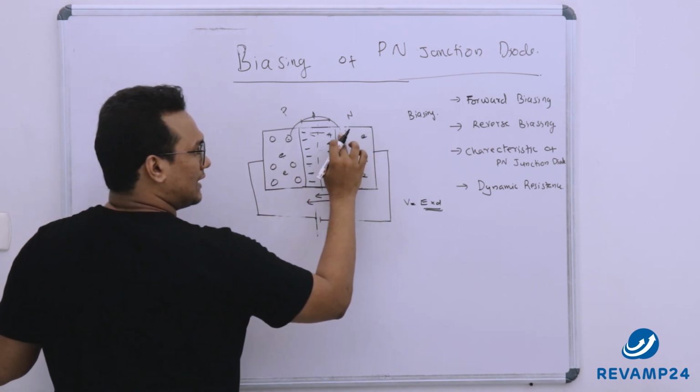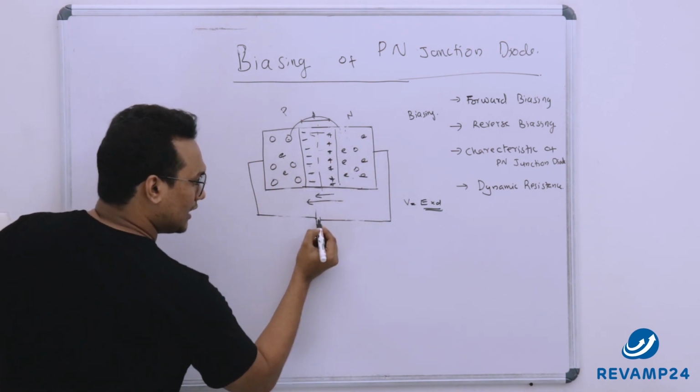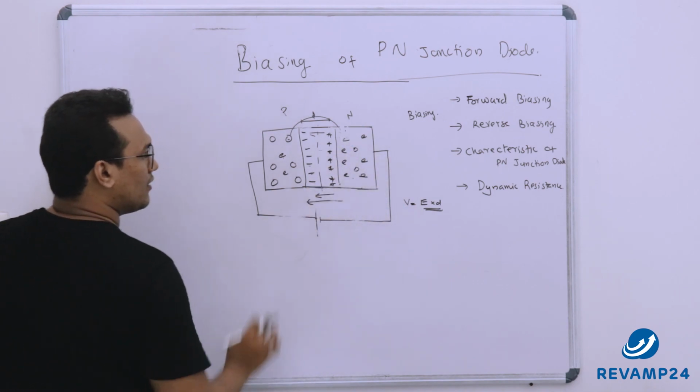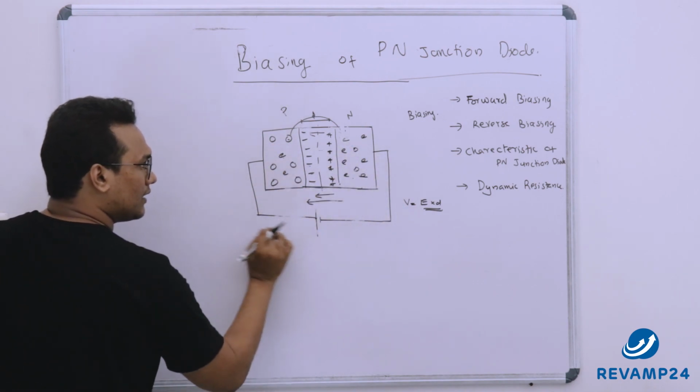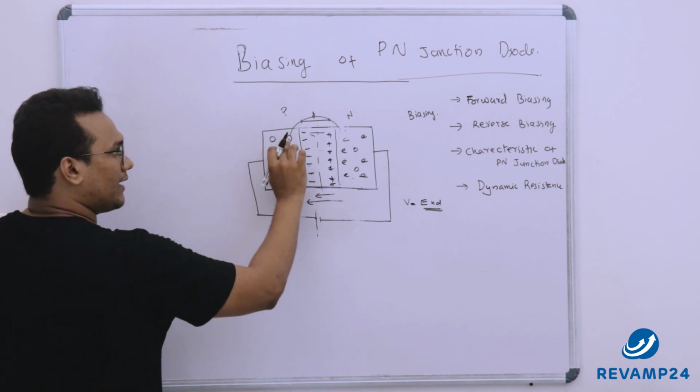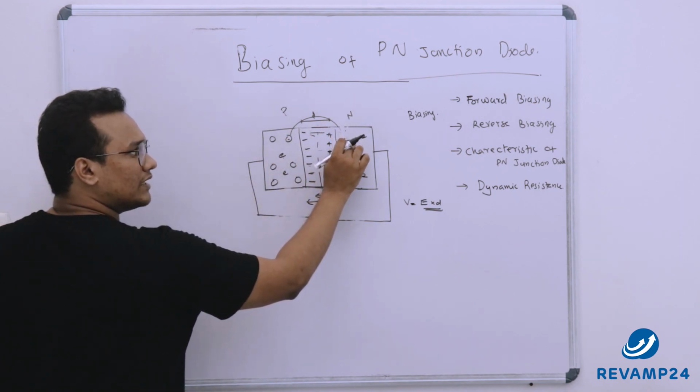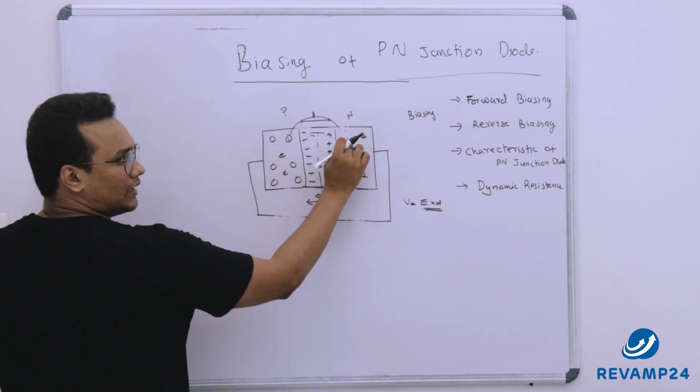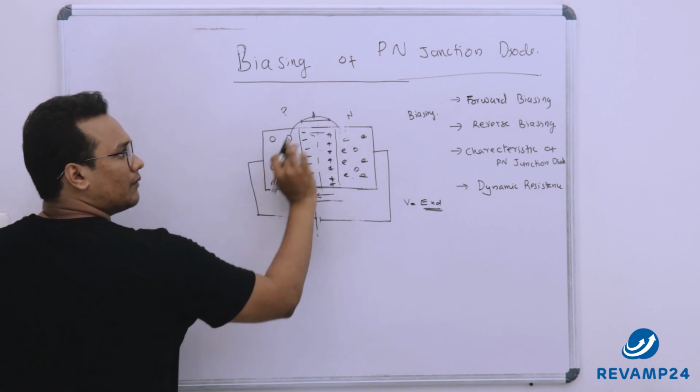When an electron is lost from here, it will send one more electron here. When a hole is lost from here, it will create a hole here. Again the hole will be pushed here and recombine with an electron.